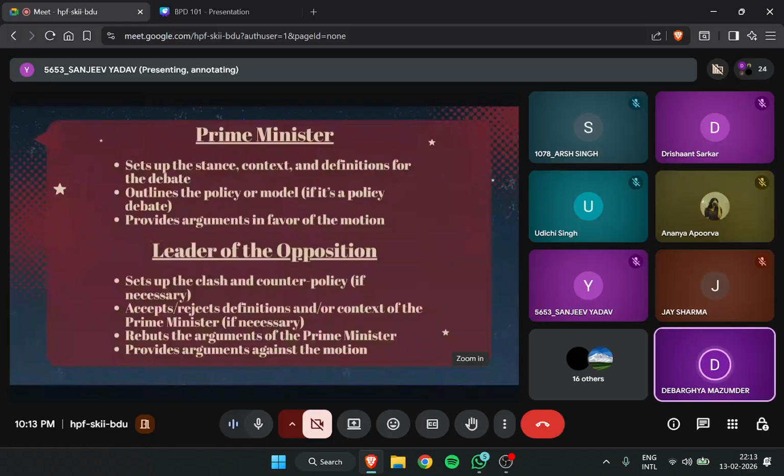The leader of opposition has to revert whatever the prime minister said, and build their side of the world, with a counter policy if needed, accepting or rejecting the definitions or context of the prime minister if necessary, and reverting the arguments. I prefer not to spend a long period of time reverting your prime minister, but rather to focus on your side's points of arguments. Next slide, please, Sanjeev.